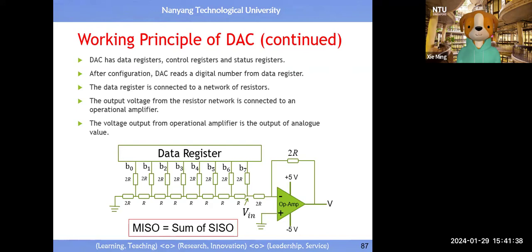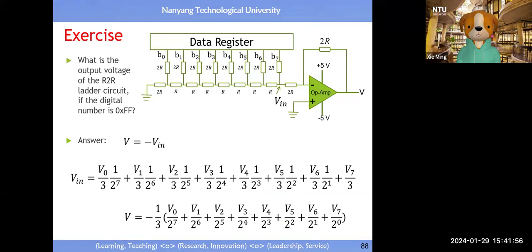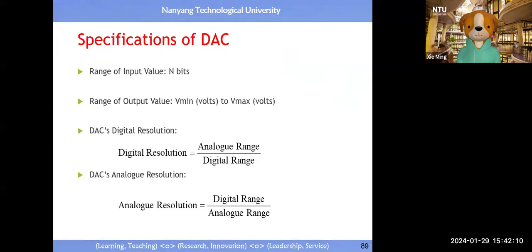So when you consider P0 as an input, you ignore P1, P2, the rest. When you consider P1 as an input, ignore the others. Then you add them together, so you can easily find the relationship. You must apply this principle to prove this relationship. Each bit you treat as a single independent input. So it's very, very interesting.